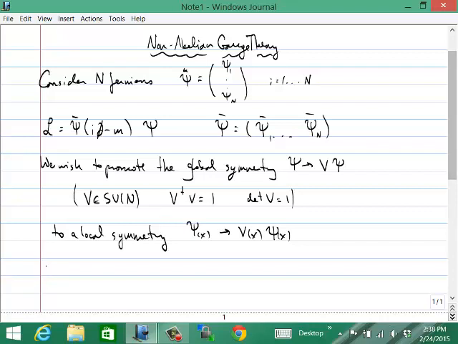And the point is that to make an invariant action, so that the dynamics respects this symmetry, well, if you just take psi bar psi, then obviously that will be invariant under this local symmetry. But all of the kinetic terms involving psi times the derivative of psi will not be invariant.